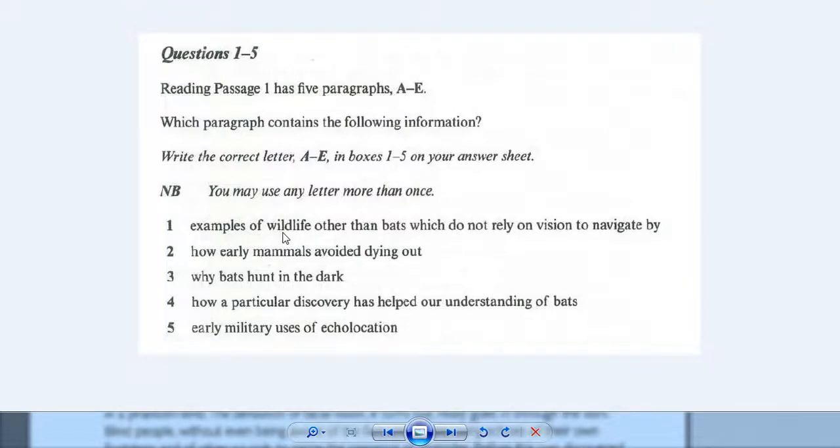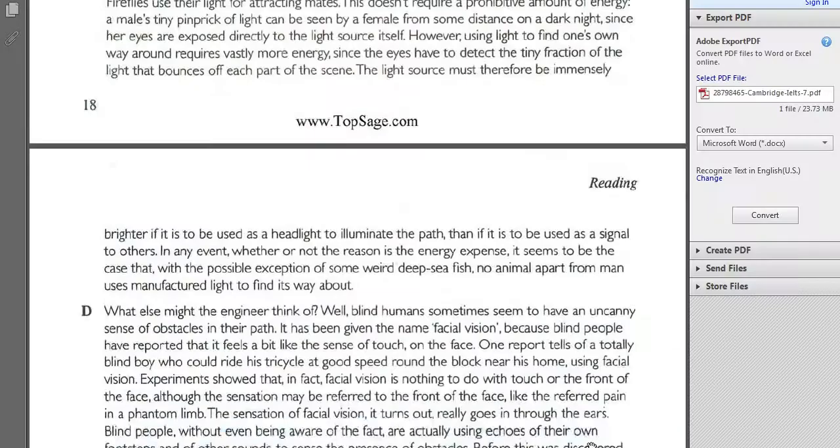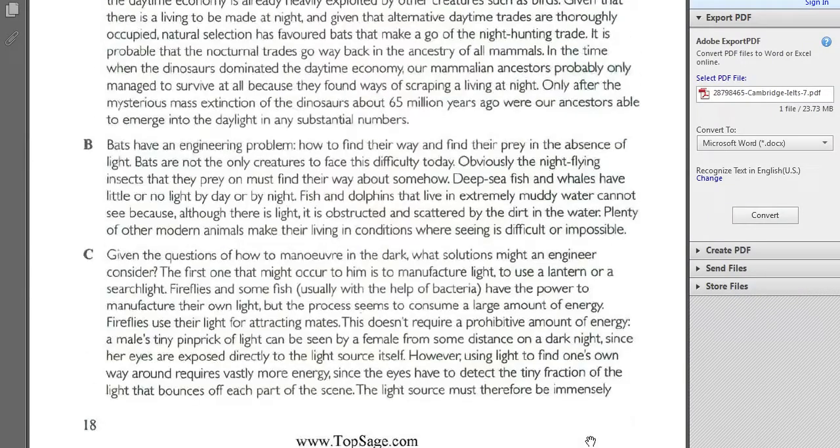And what I need to do is match what paragraph I will find this information in. Well, I see the word wildlife, and I automatically start thinking about the paragraph that had all these animals in it. Night-flying insects, fish and dolphins. And I think to myself, the answer is found here.